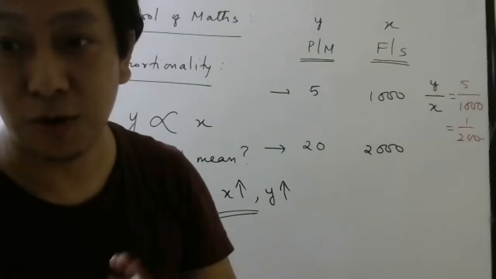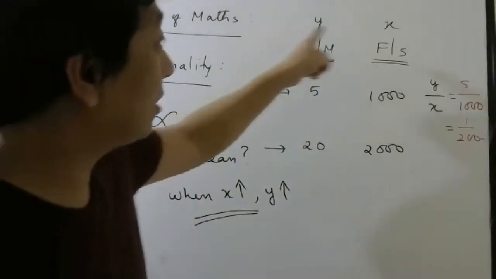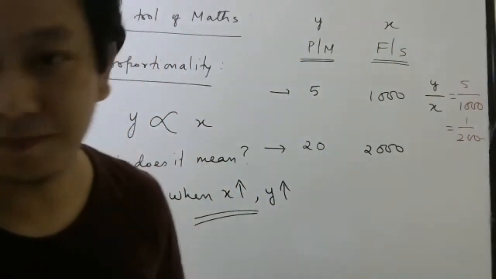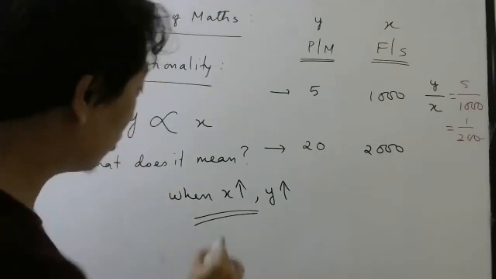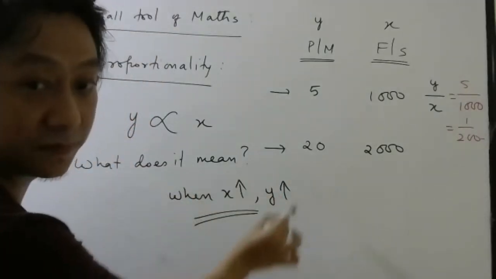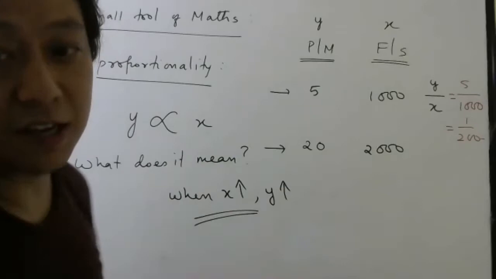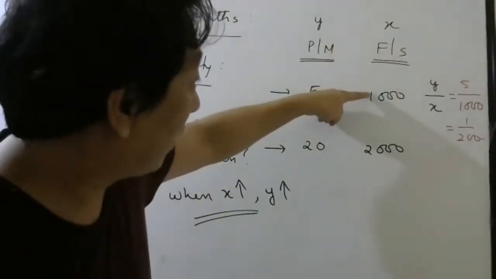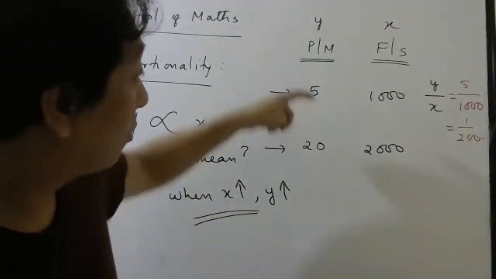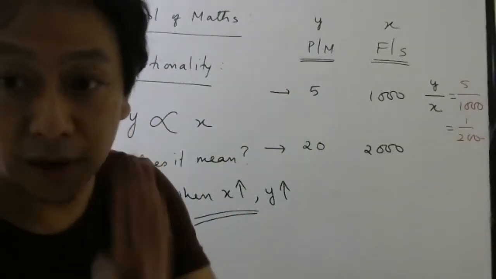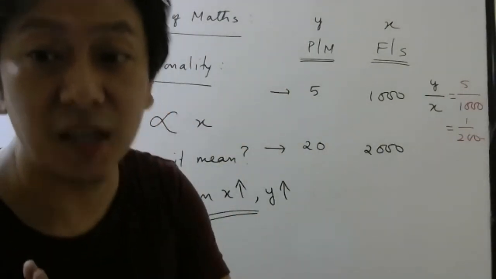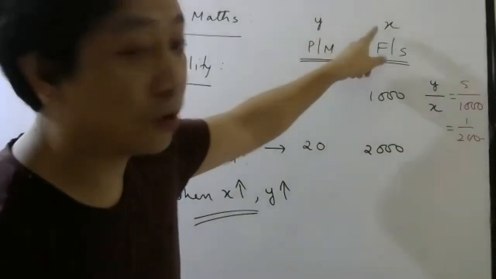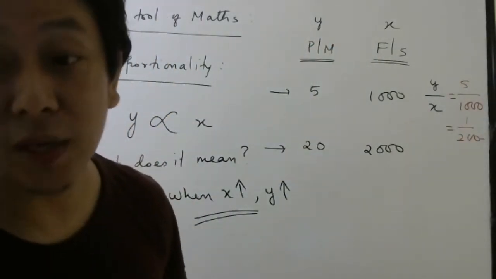But right now, you cannot say Y is proportional to X. So saying only this is dangerous. Because in this example, X has increased, Y has increased, but we cannot say Y is proportional to X.